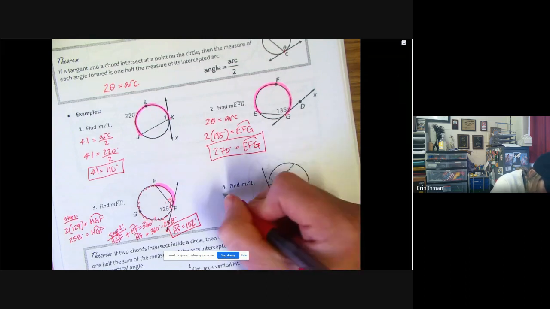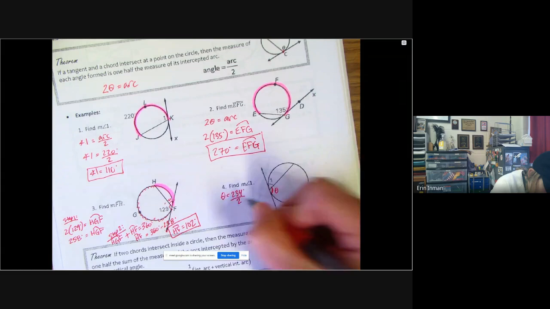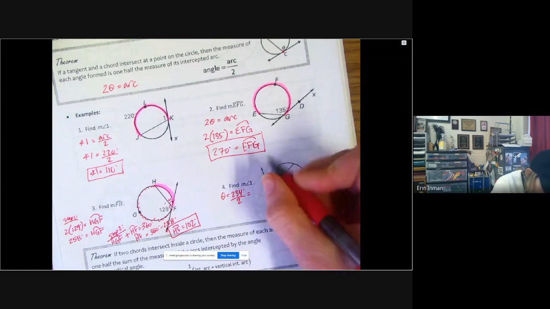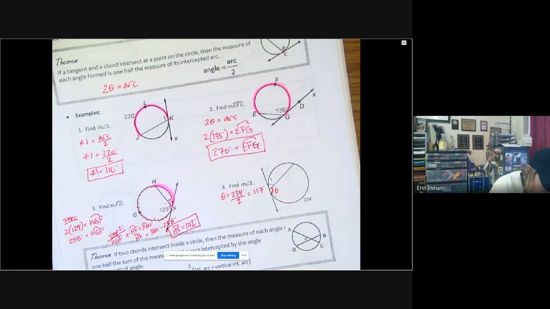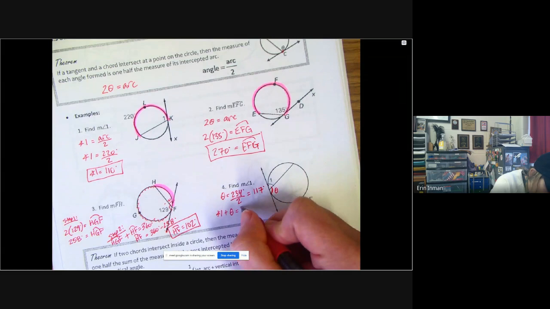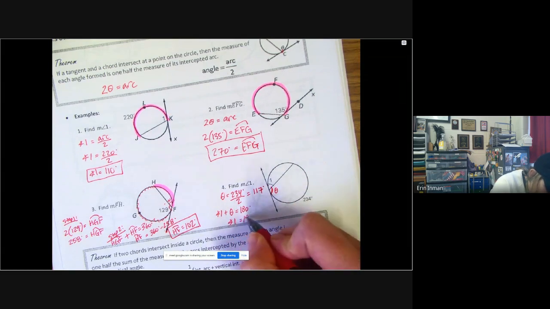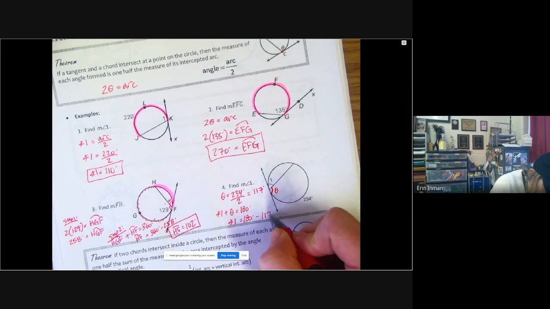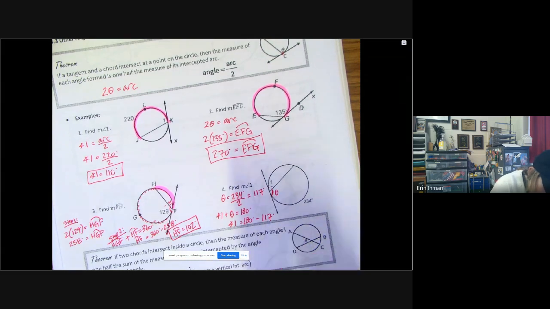We know that theta would equal 234 degrees divided by 2, which is 117 degrees. And then angle 1 plus theta equals 180 degrees. So angle 1 is going to be 180 degrees minus 117 degrees, and that's going to be 163.